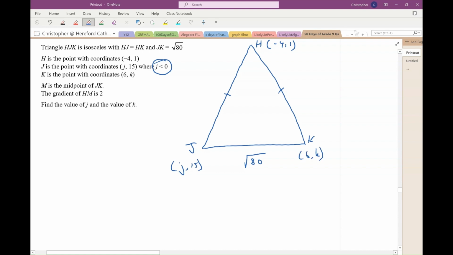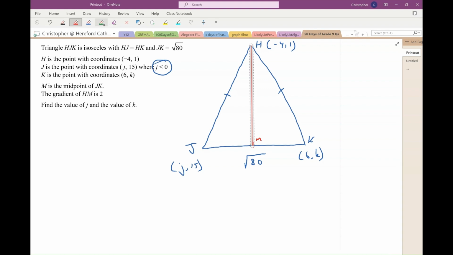Anyway, right, I've got M is the midpoint here, and I know that this red line, H to M, has got a gradient of 2. So I've got lots of different pieces of information here. I've got, for example, the fact that that distance is equal to that distance. So I could use that to write an equation, which would involve j and k.